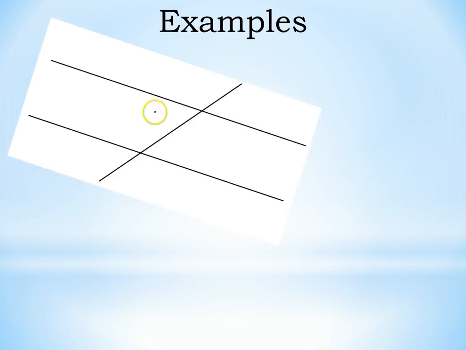So we have this diagram. We have 8x minus 13 right here, and then 3x plus 12 here. These two angles are what we call alternate interior angles, because they're both inside our two parallel lines, and they're on opposite sides of the transversal. Since they're alternate interior, they must equal each other.